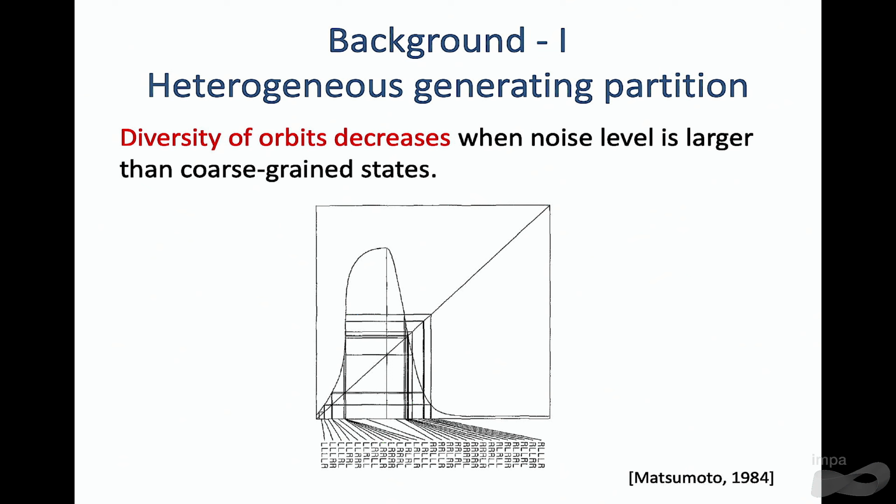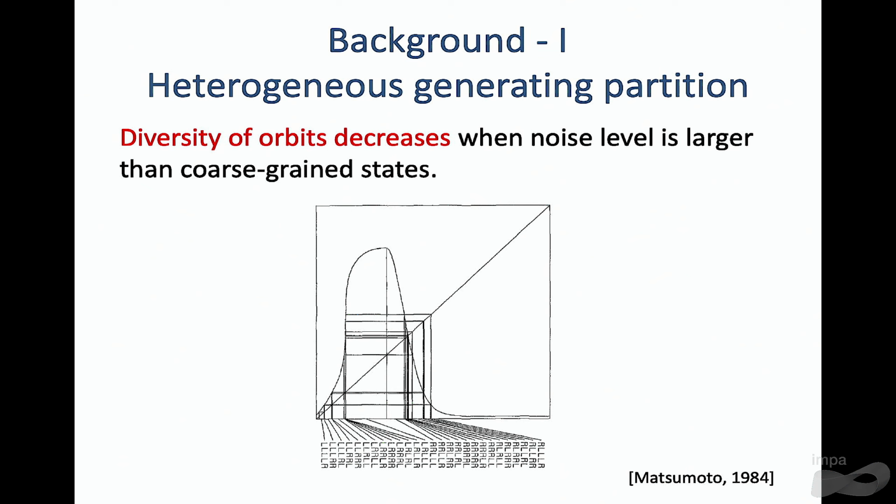But this area is completely destroyed, packed to this some noise level partition, meaning that, in other words, we introduce uniform partition by force by adding noise. So this makes chaos disappear.